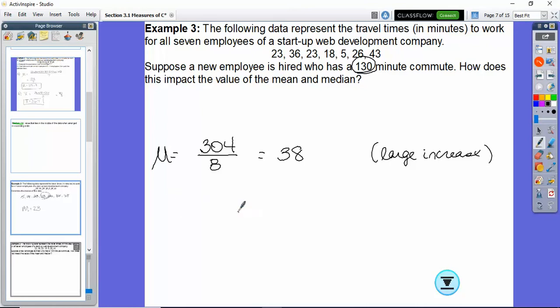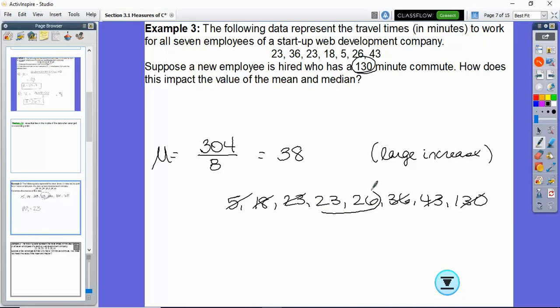Okay, let's do the median. So if I put these in order from small to large, and then if we start crossing off on the ends, so first and last, working our way in, I'm left with 2 values in the middle.